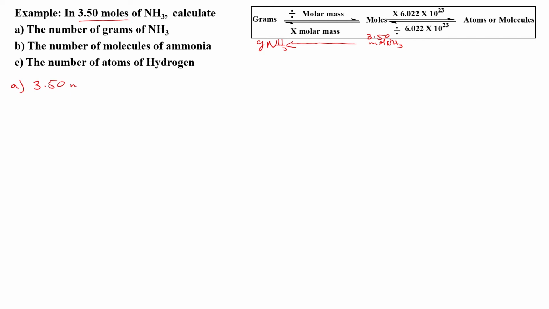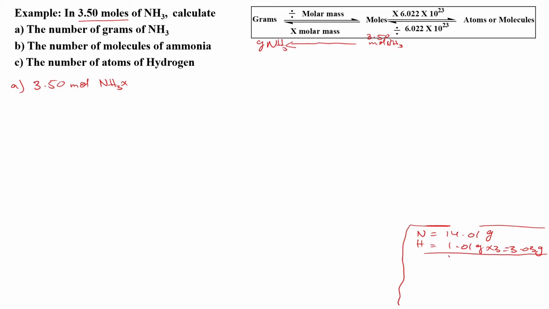3.50 mole ammonia. Nitrogen is 14.01 gram. Hydrogen is 1.01 grams times 3, 3.03 gram. When you add, you have 17.04 grams of ammonia.